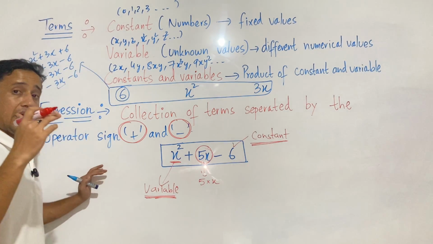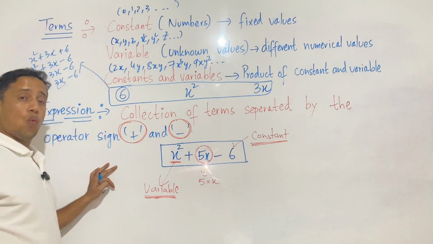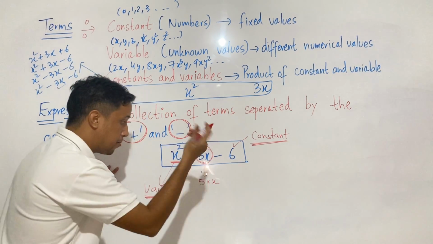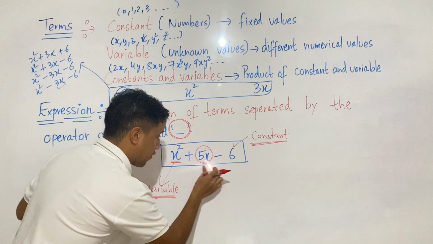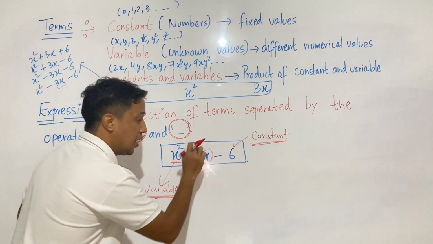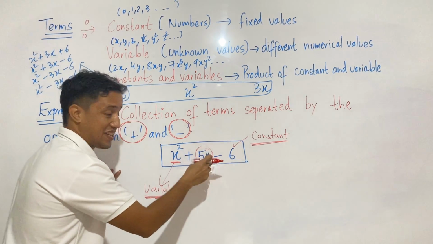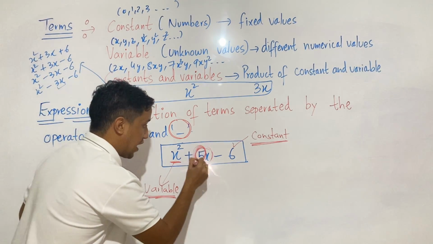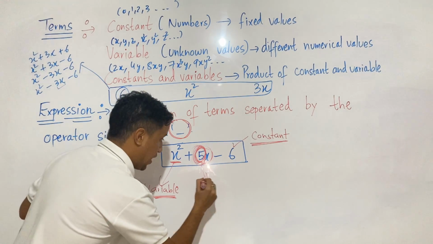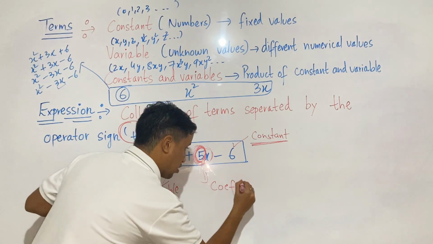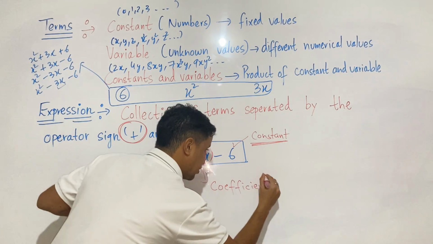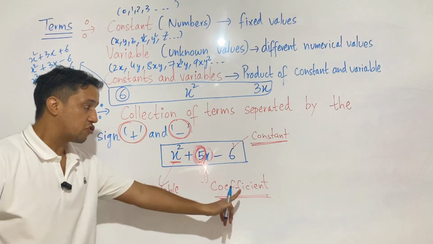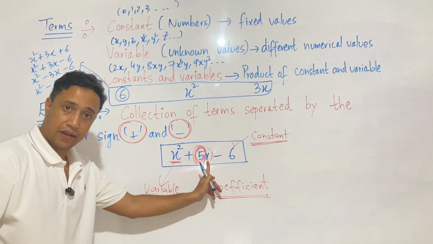So when you have a constant tied to the variable, for example here the constant 5 is tied to the variable x, the constant part 5 is known as coefficient. So 5 is the coefficient of variable x.